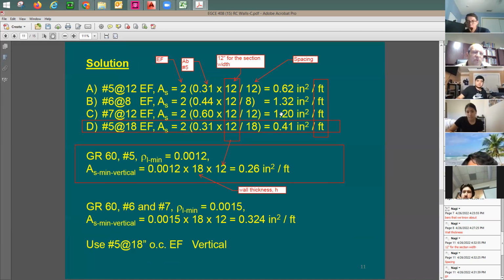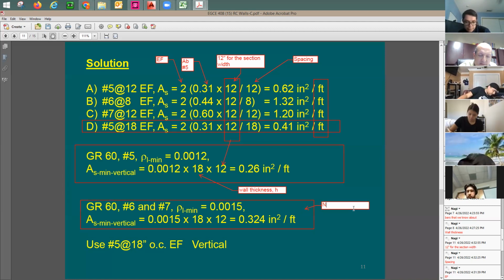It's going to be too much. So actually this option is not good, right? It's just a test. I don't really need to test this. Not good. All right. My choice at the end, number 5 at 18-inch, which means answer D.